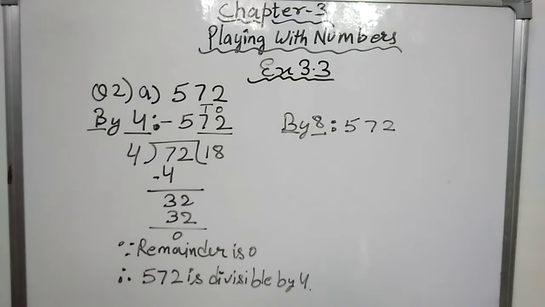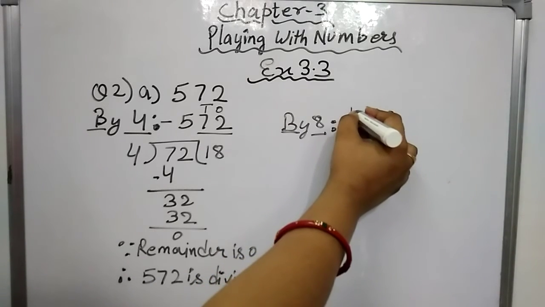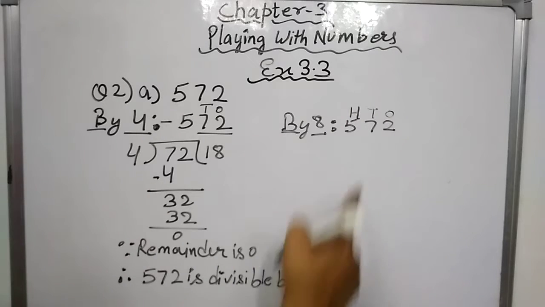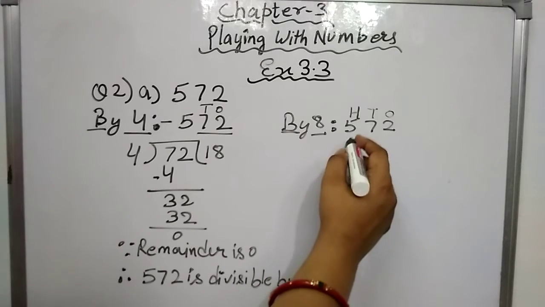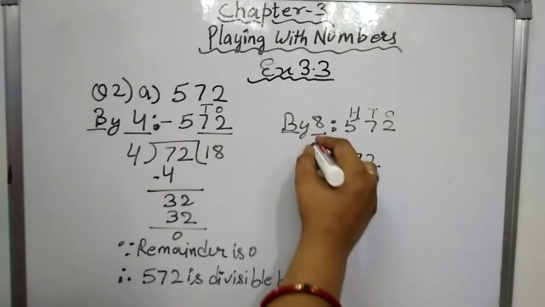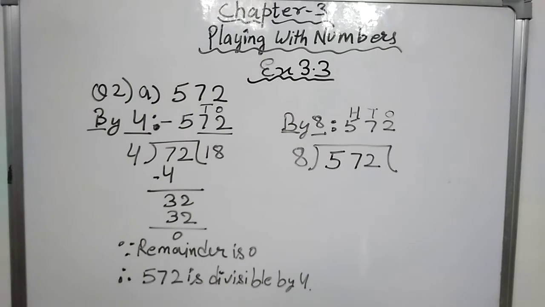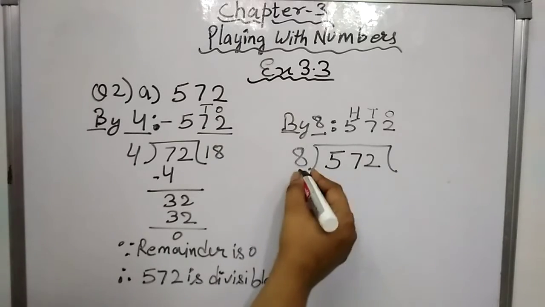Test for divisibility by 8 says, consider digits at ones, tens and hundreds place. On considering these three digits, we got number as 572. This number should be divisible by 8. So let's check.